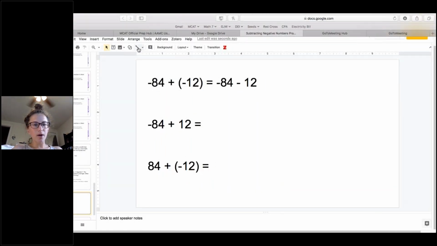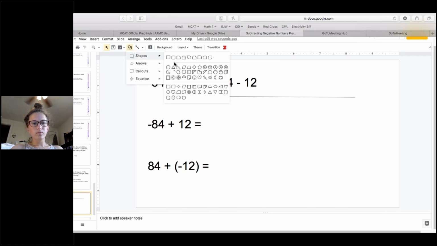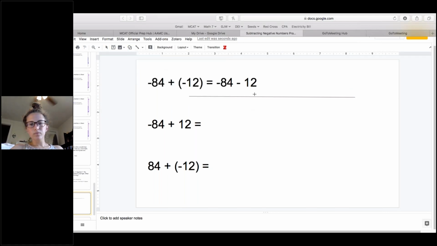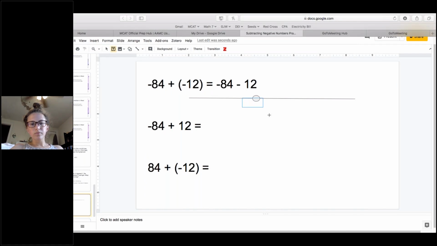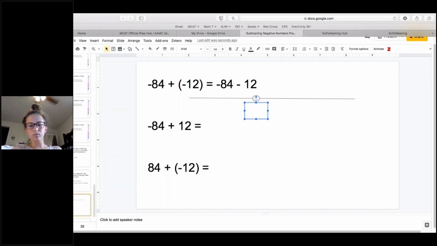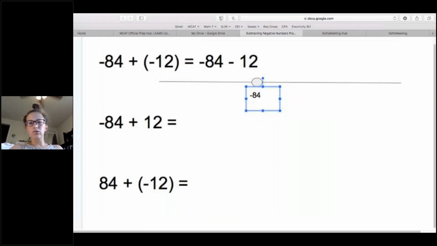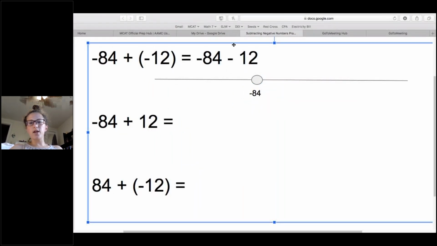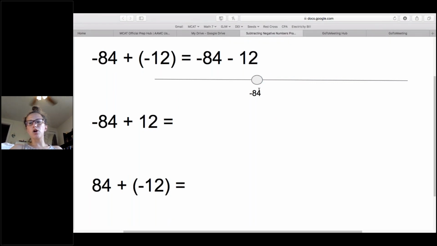Super close. I want to think about it on a number line. If I'm right here on a number line, I'm at negative 84.